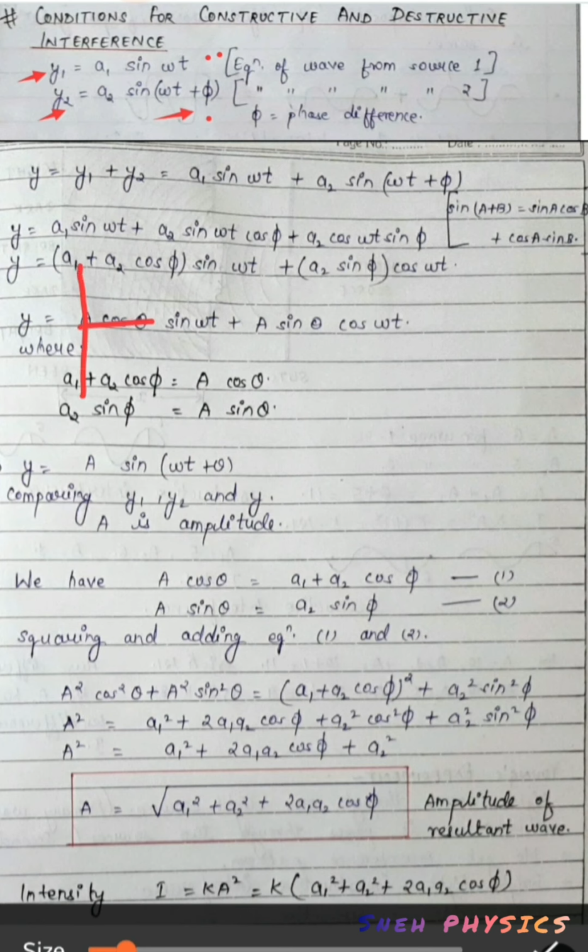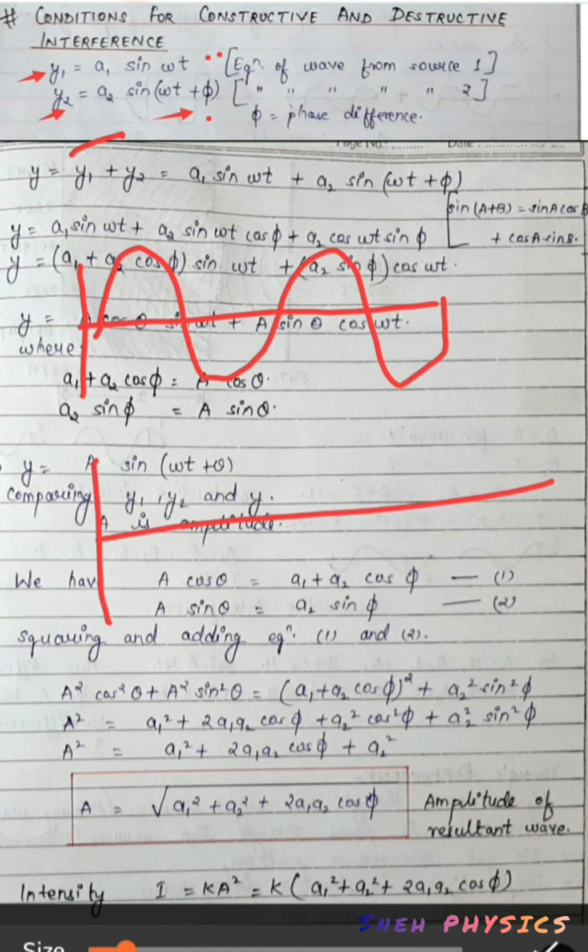Consider the first wave given by y1. This wave is starting from the origin and going towards the right direction smoothly. Now we have another wave given by y2. This wave is starting somewhere from this point. When we compare both the waves, we see that the first wave was starting from the origin and the second wave y2 is starting from here.